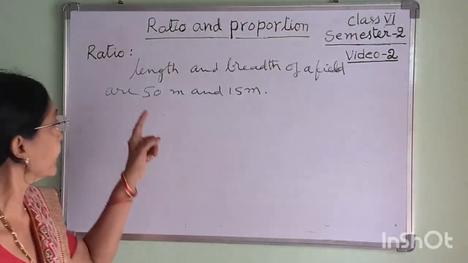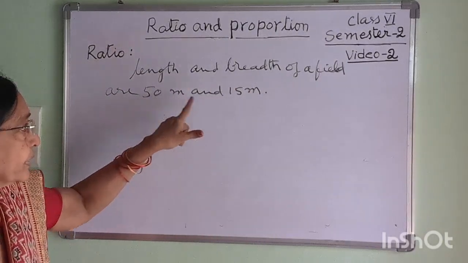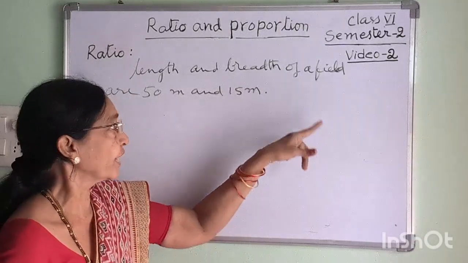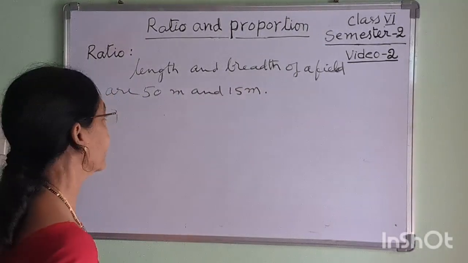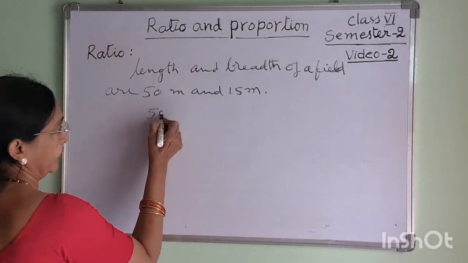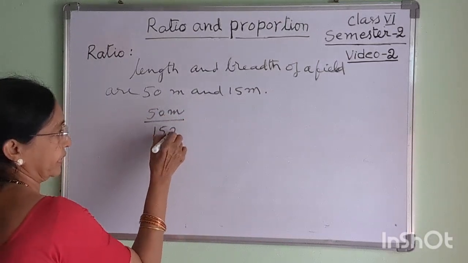The next example: the length and the breadth of a rectangular field are 50 meters and 15 meters. Find the ratio of the length of the field to the breadth of the field. So length of the field 50 meters by breadth of the field 15 meters.